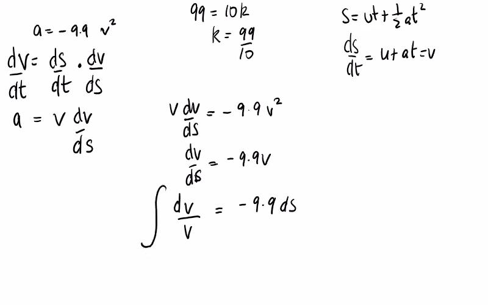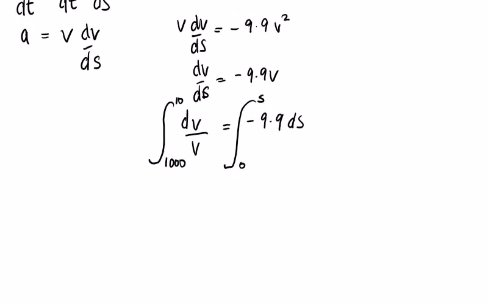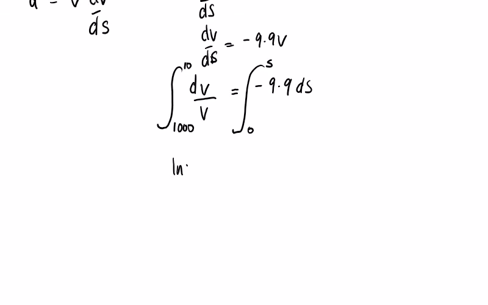So if I integrate these, and my speed started at 1000 and finished at 10, and we're looking for distance, so between s and 0 for my limits. We're going to get the natural log of v. We've seen this loads of times, 1 over v integrates to the natural log of v, between 10 and 1000, is equal to minus 9.9 s, between s and 0.